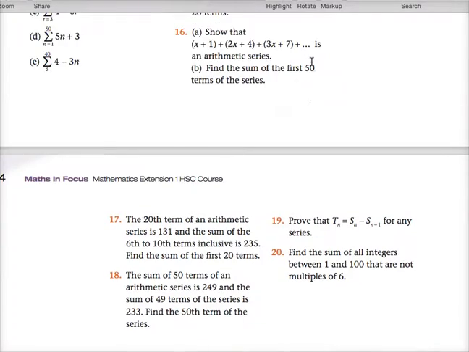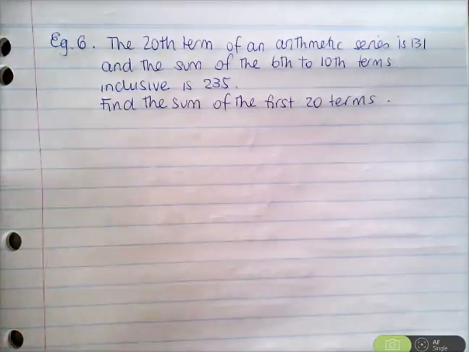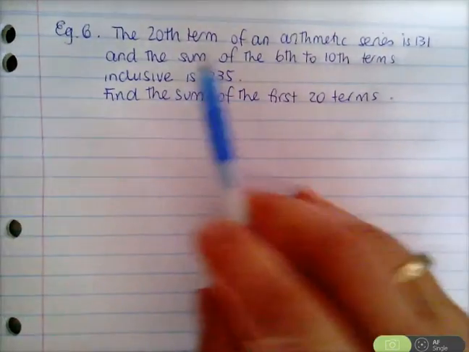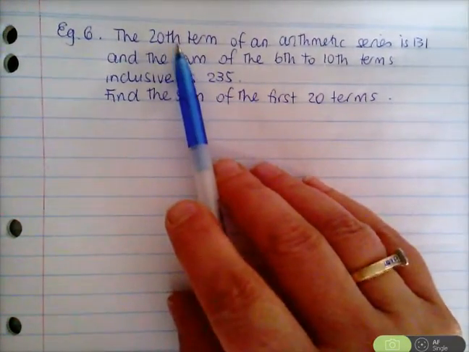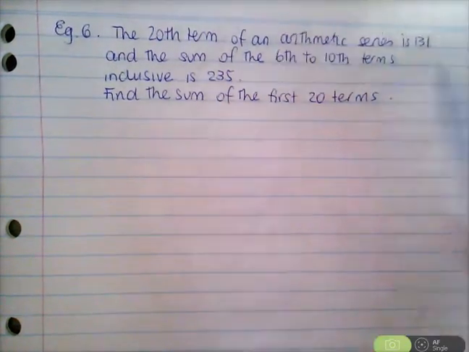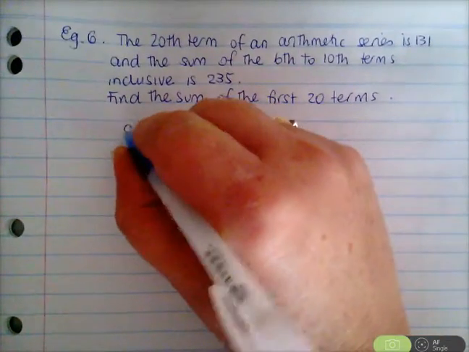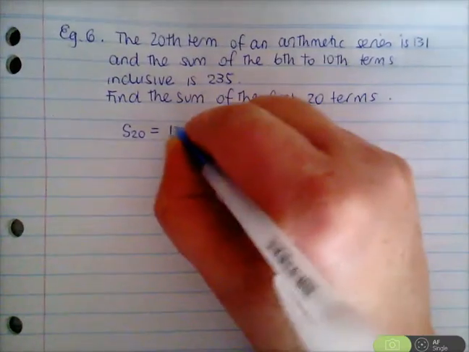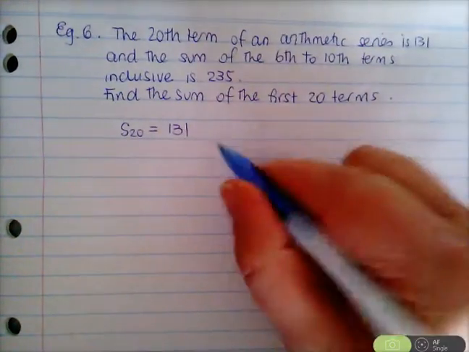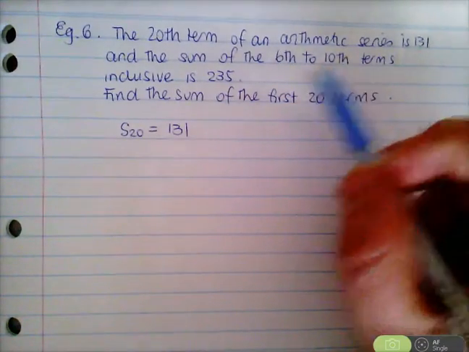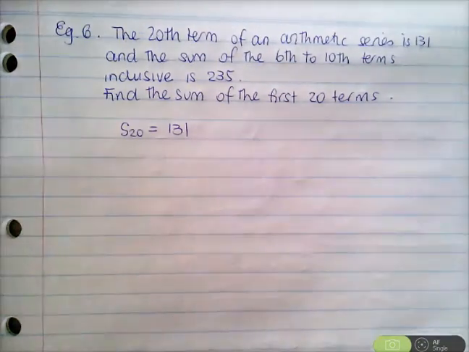And we might just pick one more question here to do, okay? So this last example, this is from your textbook, just one of the questions towards the end. It says the 20th term of an arithmetic series is 131. So T20 is 131. And we know that the sum from the 6th term to the 10th term, inclusive, is 235.